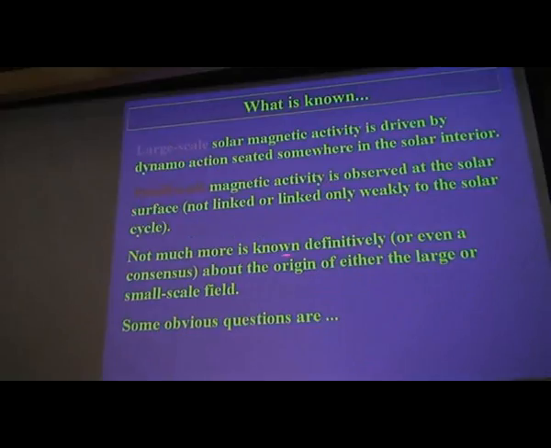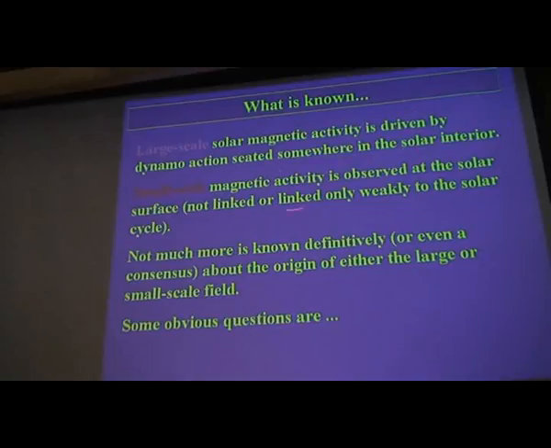So we believe that large-scale solar magnetic activity is driven by dynamo action seated somewhere in the tachocline, in the solar interior, and we believe that the important place is the tachocline, where there's a strong so-called omega effect or shear that draws out poloidal field into toroidal field.